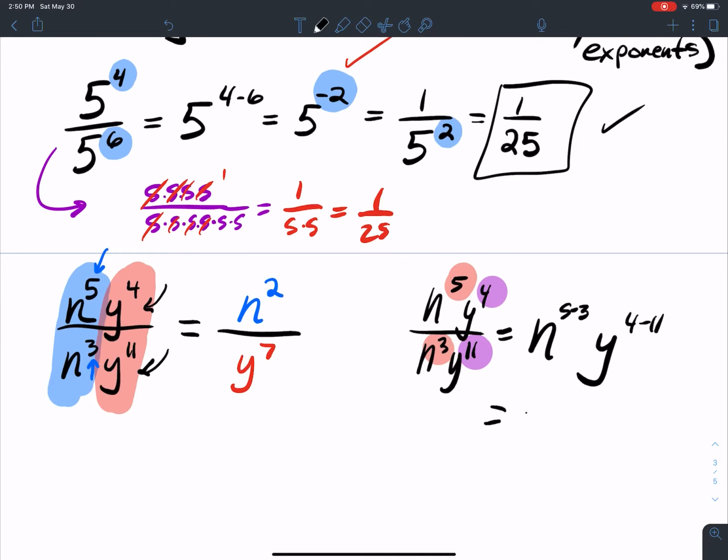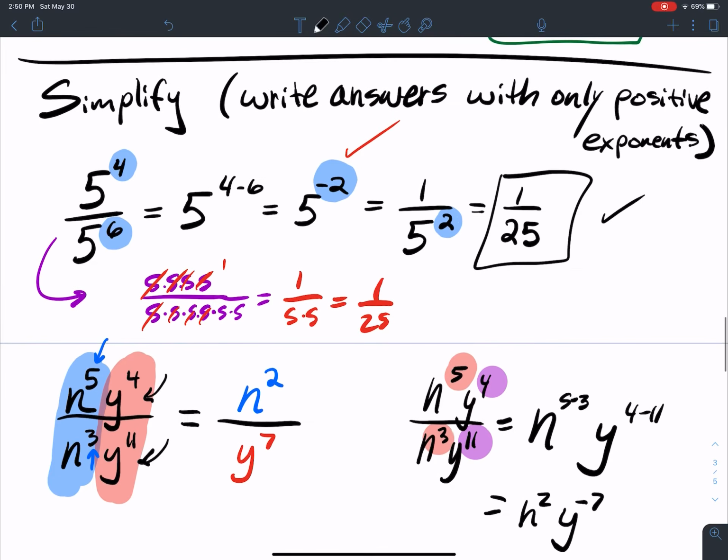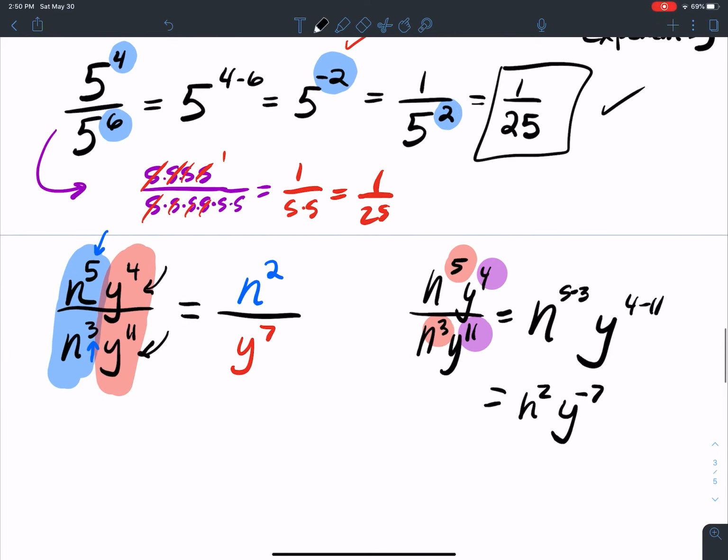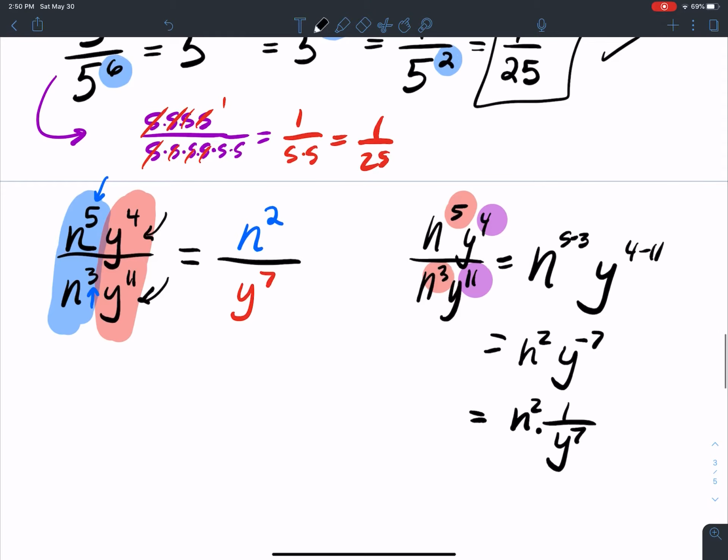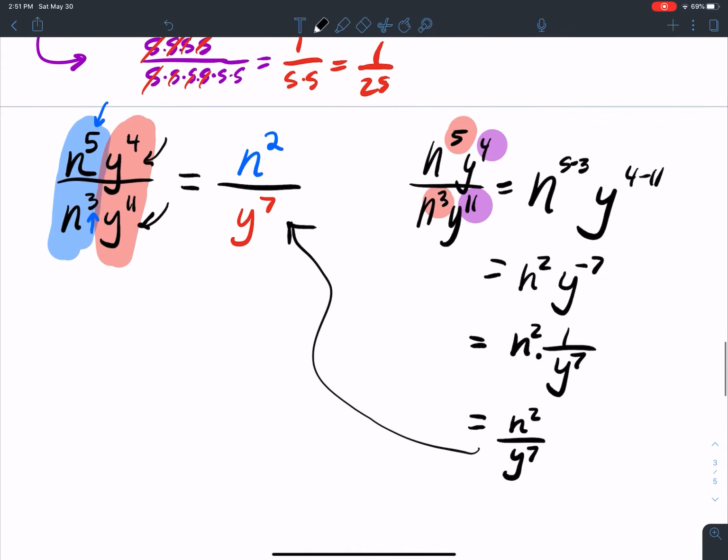When I simplify, I get n squared, y to the negative 7. But we can't have negative exponents. They can only be positive. So this n squared is good, but this y to the negative 7 we've got to fix. We do the reciprocal, 1 over y to the positive 7. And so whenever I multiply, I get n to the 2 over y to the 7, which is what I got with my other way of thinking about it.